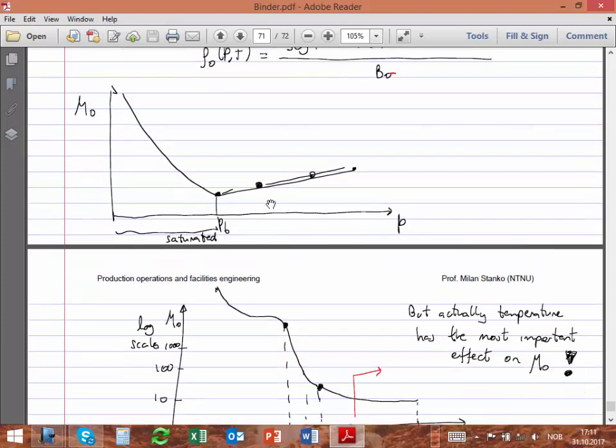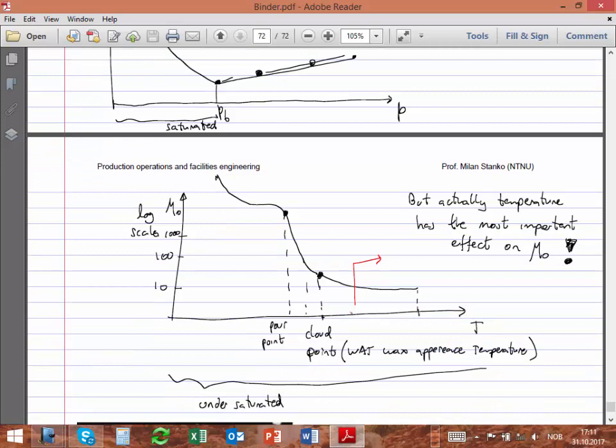But I told you that we are going to neglect in this exercise the effect of pressure, because if we say this is maybe 2000 psi, this increase might be of 1 centipoise, which you might say is maybe important. But when you come to temperature, you see this scale is in log. That means that you have 10, 100, 1000 for every change in temperature. So the effect of temperature on viscosity is much more important than the effect of pressure.